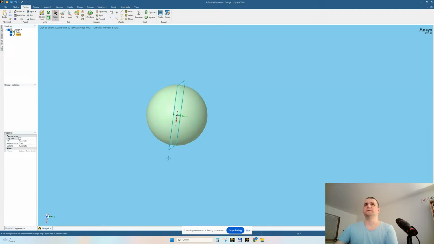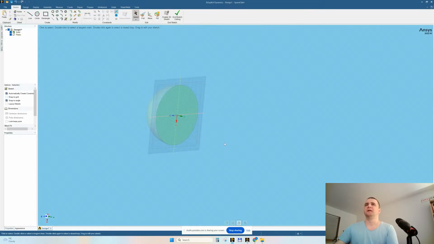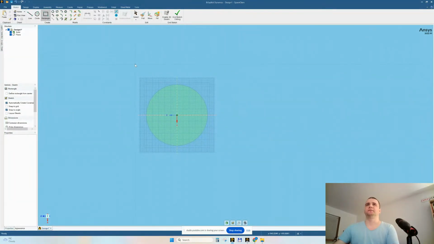So let's move this plane. Okay, let's do it like this. I will create a rectangle. I don't care about the dimensions too much, on a tutorial level, something basic.